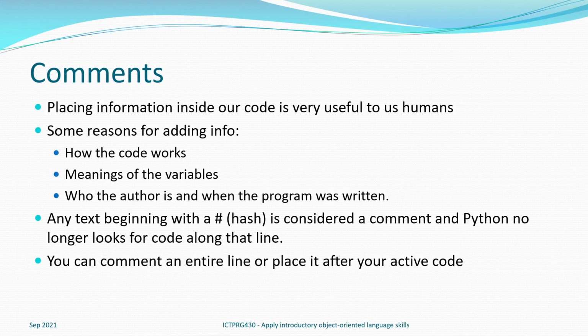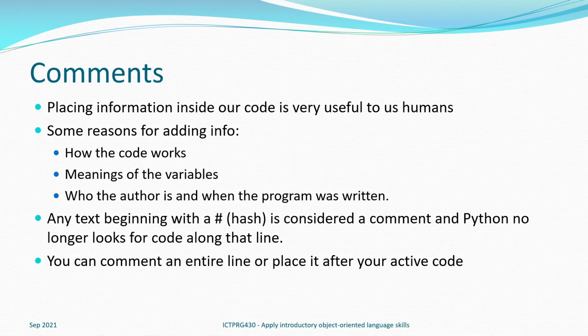Throughout our code, we should place comments. Now, these comments are there for us humans because comments are not read by Python. So we use the hash symbol or pound, depending on what documentation you're reading. Once it sees that symbol, it ignores everything behind it.